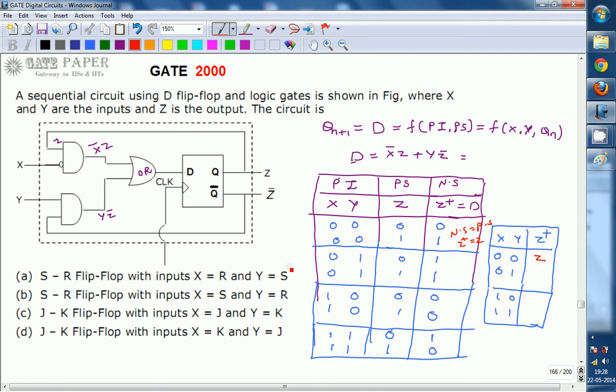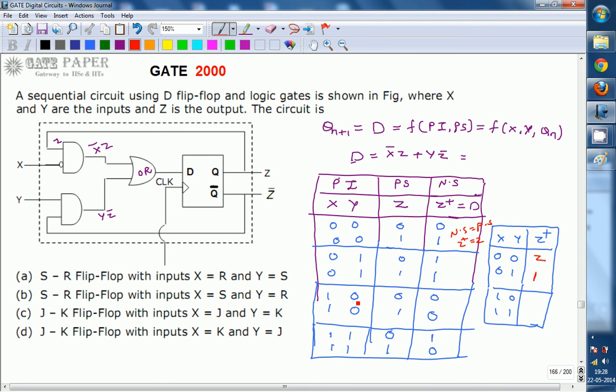Next, 0 1. Whenever 0 1, at that time compare z and z plus. So irrespective of z value, z plus is always 1. Are you getting this one? Whenever x is equal to 0, y is equal to 1, that is for these two rows, irrespective of present state, the output is always 1, so this will be treated as set state, so it is 1.